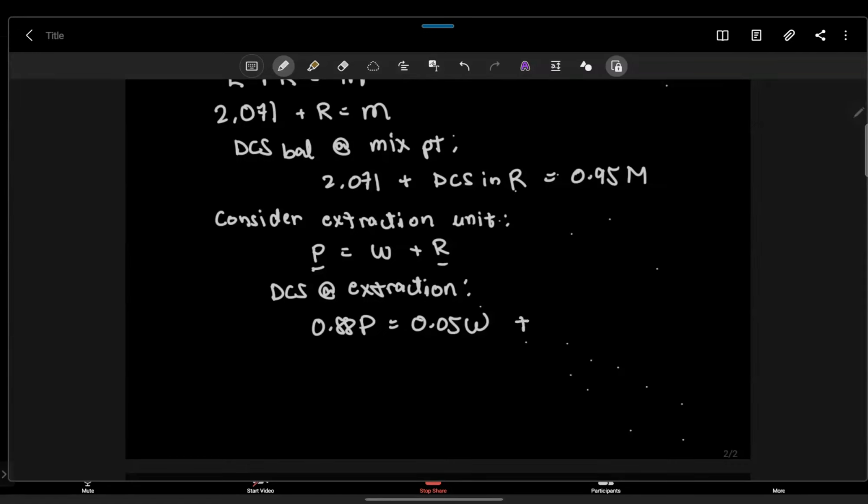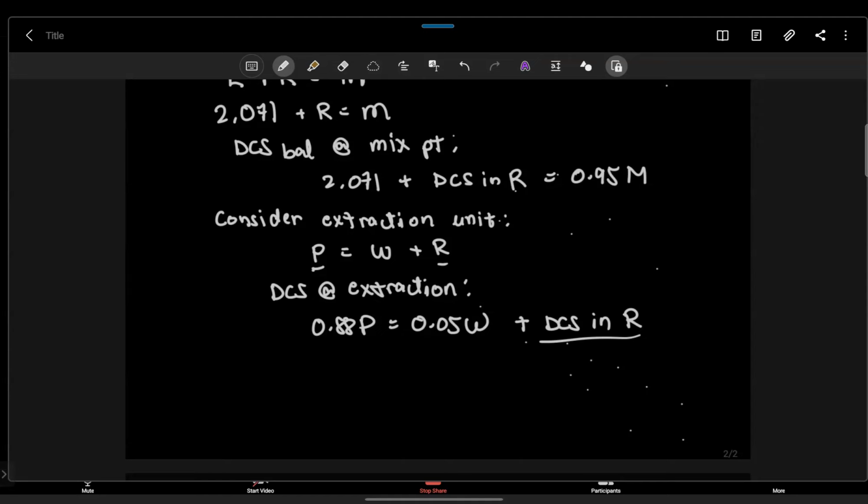If you recall. Plus DCS in your R. Eh kaso isa na namang unknown yung DCS in R. Tama? So, well, ganoon pa rin. Wala tayong nakuha sa balance na yan.